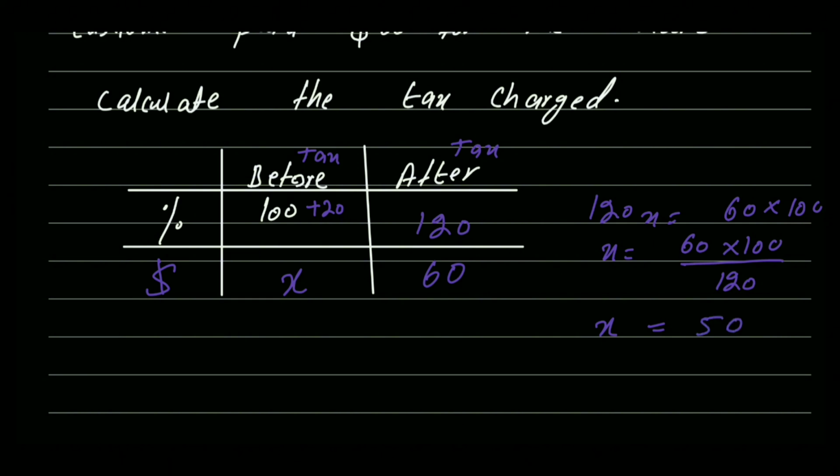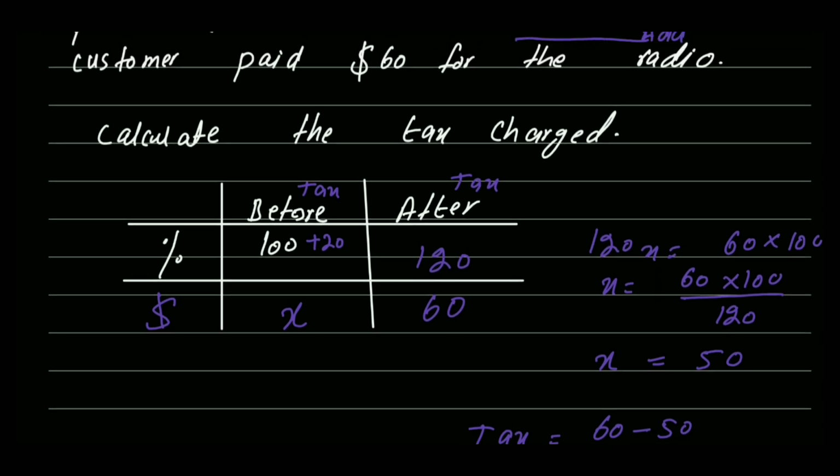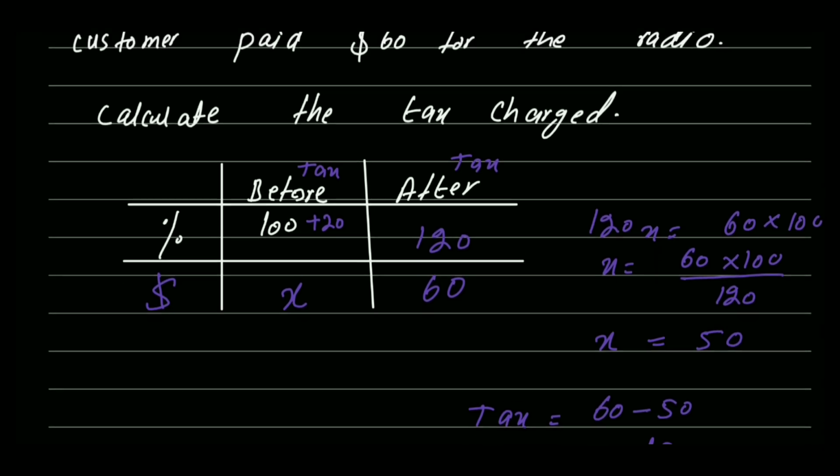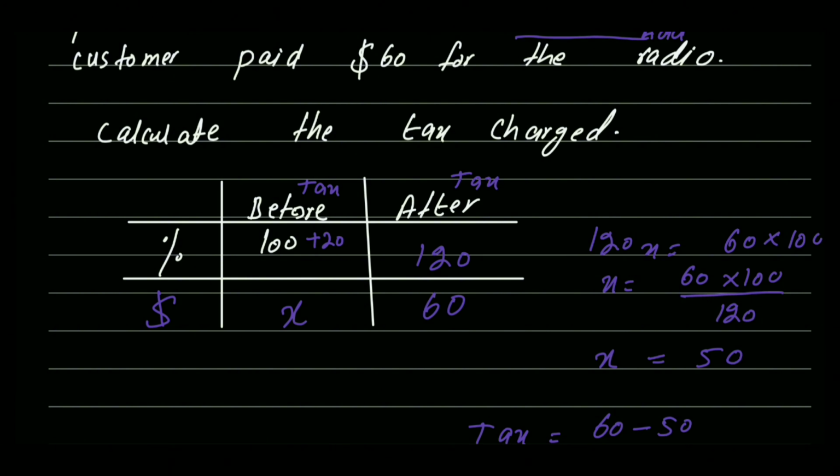So calculate the tax was charged. So what we have to do, for tax we have to subtract 60 and 50. 60 minus 50, the answer will be 10. So this is the way how you have to solve these type of questions.